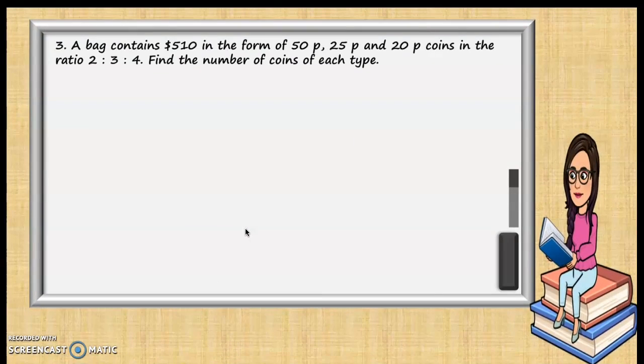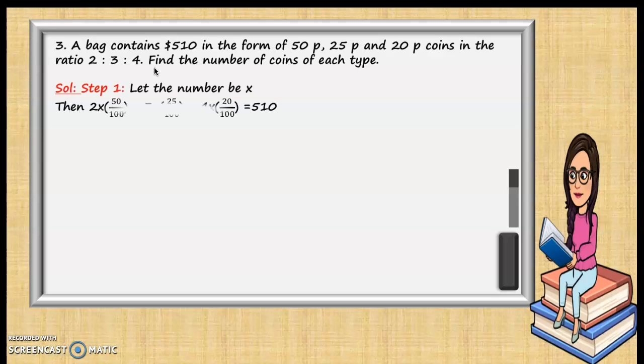A bag contains rupees 510 in the form of 50 paise, 25 paise and 20 paise coins in the ratio of 2:3:4. Find the number of coins. So all that you have to do is let the number be x. Now since it is in paise, you have to convert to rupees.